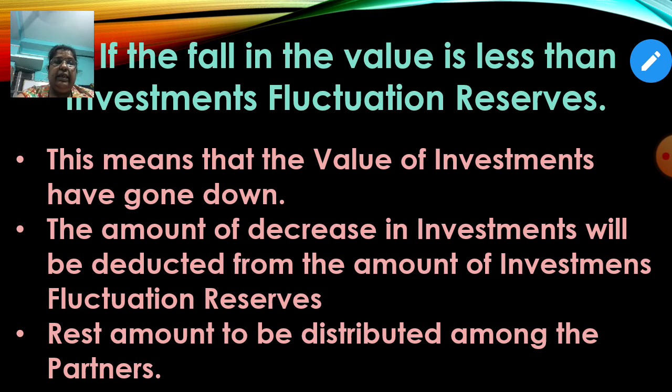Now the first case is, suppose the fall in the value is less than the investment fluctuation reserve. Now if your fall, means the difference between the book value and market value, is less than the amount of reserve that you have created, the amount of decrease will be deducted from the amount of investment fluctuation reserve, and the rest amount will be distributed among the partners in this case.